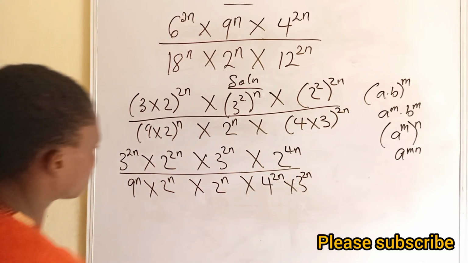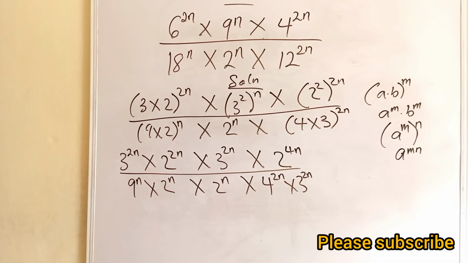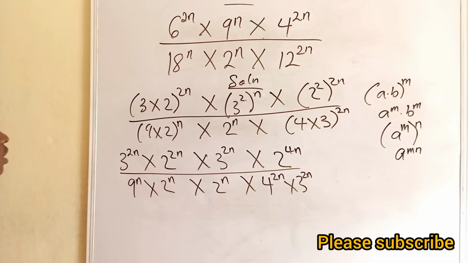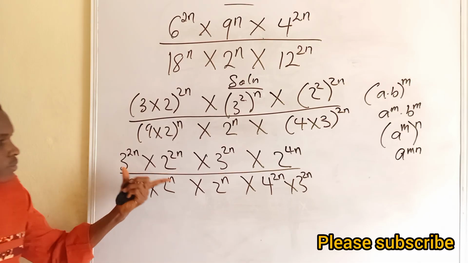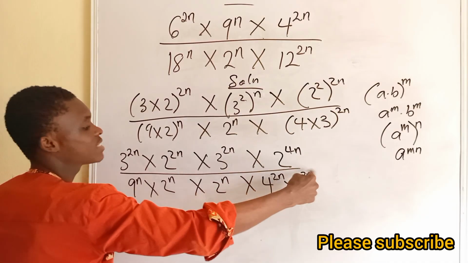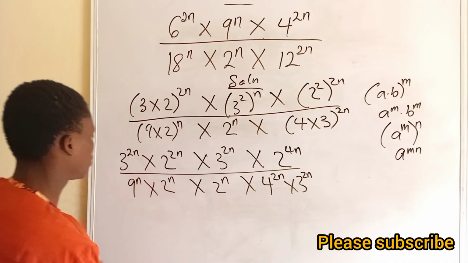So from here, to finish this off, clearly we know that if you look at this very well, this term here and this term here, they are the same. But let's continue.